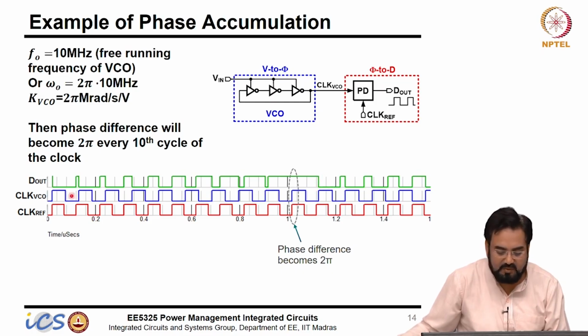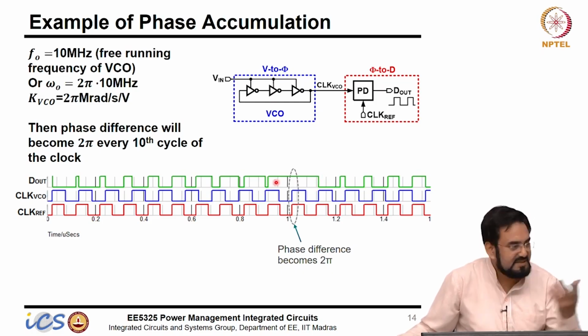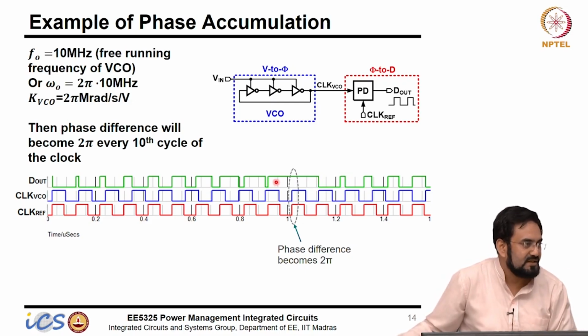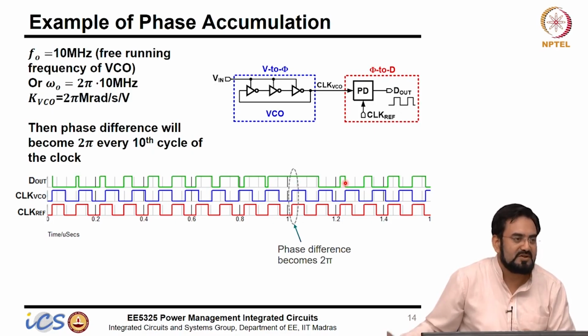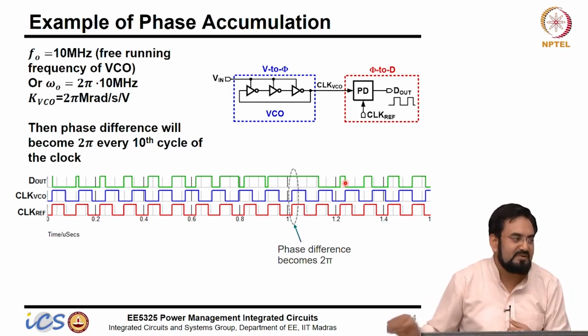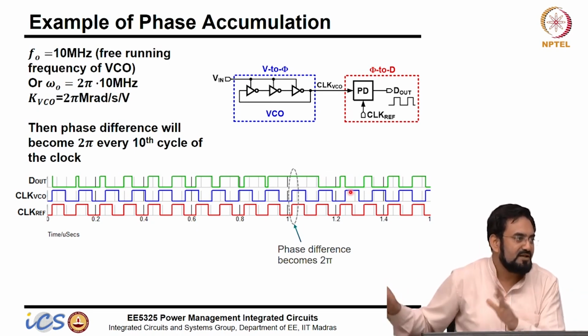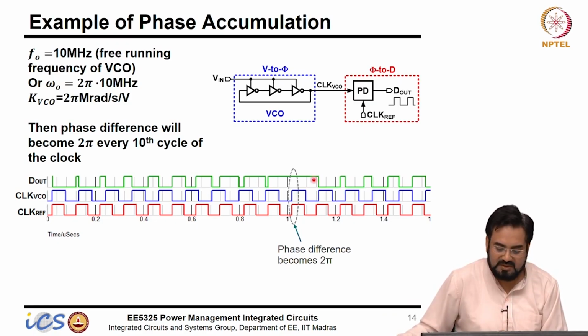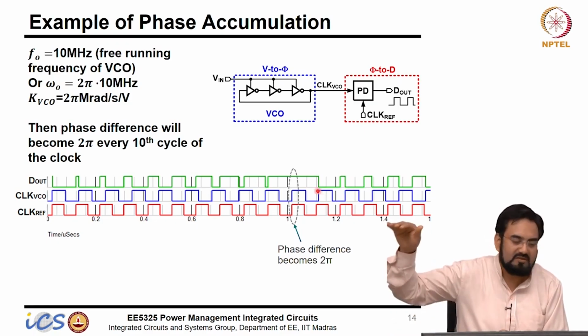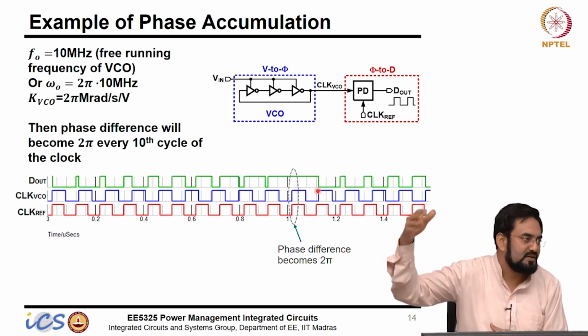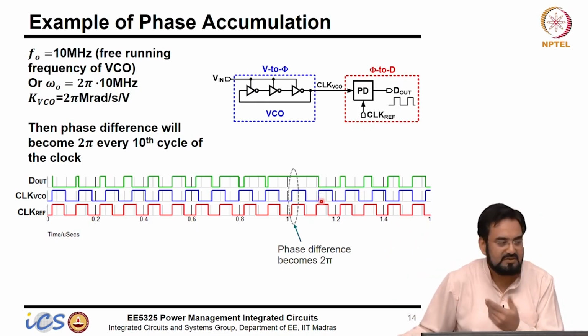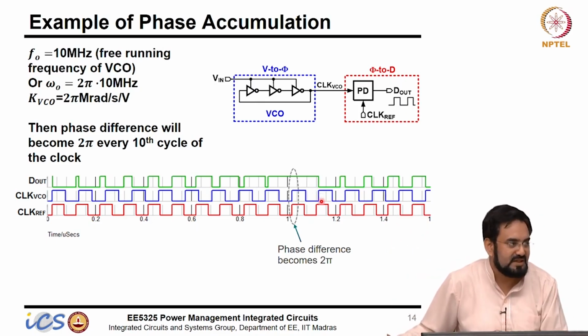So we want to avoid this condition. Let us say I am looking at a maximum 100% duty cycle, but the moment you go to 2 pi, it will again go to 0 because the phase will fold back. That is the problem with this. You are not allowed to go more than 2 pi, otherwise the duty cycle will get reset and your output will die, because we always want our duty cycle to saturate at 100%. This is called cycle slip, which happens in the PLL.